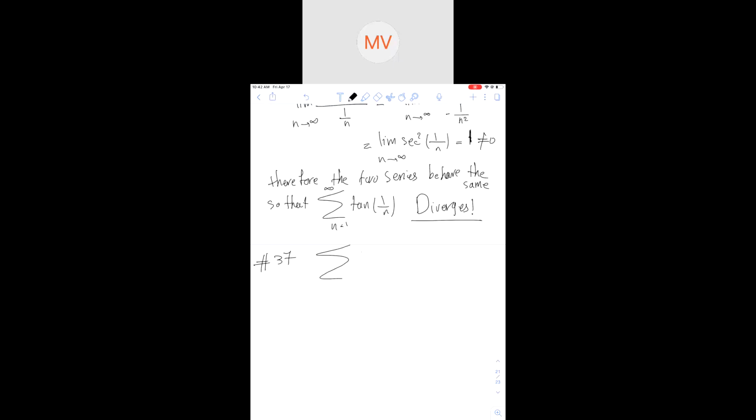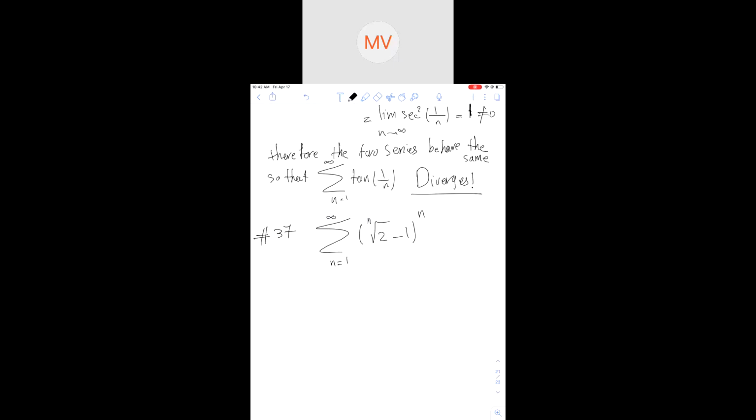So it's the summation of nth root of 2 minus 1, the whole thing raised to the n, from 1 to infinity. Okay?